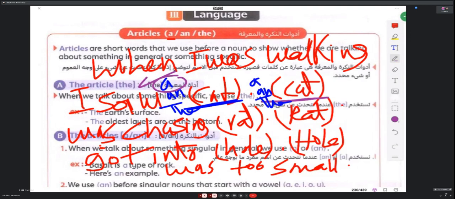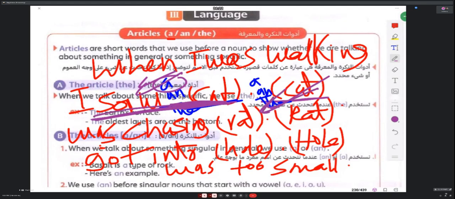A cat. Great. Now, because you know that I saw a cat, here it is the cat, because you knew about it. When I was walking in the street, I saw a cat. The cat: you have already heard that I saw it. So here, cat is known.